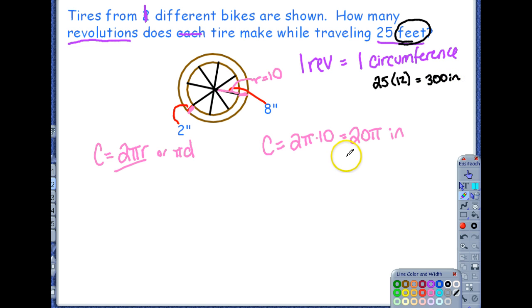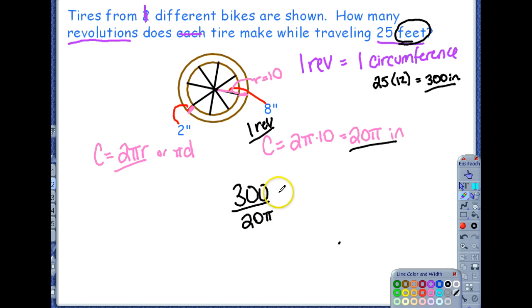So we want to know how many revolutions will happen in 300 inches. We know one revolution is 20 pi. So I'm just going to do 300 and divide it by the 20 pi. I'm going to put parentheses around that 20 pi.